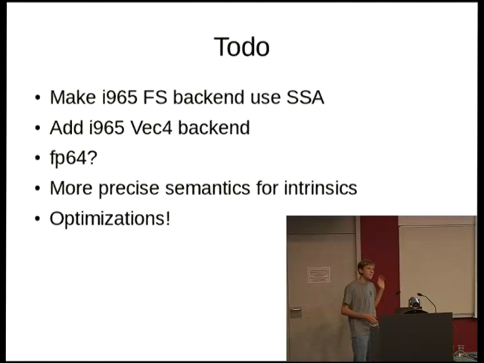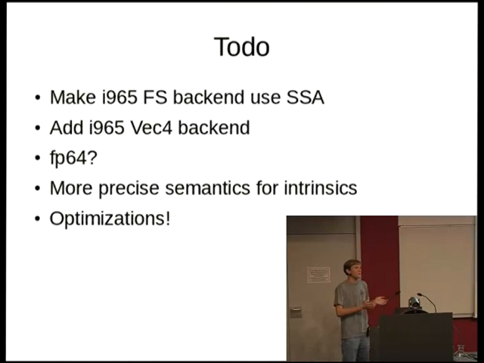I implemented a front end for GLSL IR that takes GLSL IR and converts it into NIR. I implemented an original prototype of a backend that takes NIR and converts it into i965 fragment shader IR, which means we can actually test it on real hardware. But there's still a lot more to do.